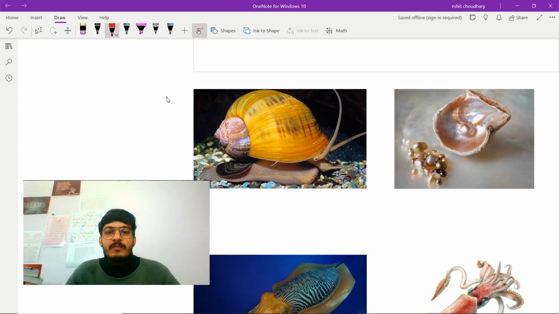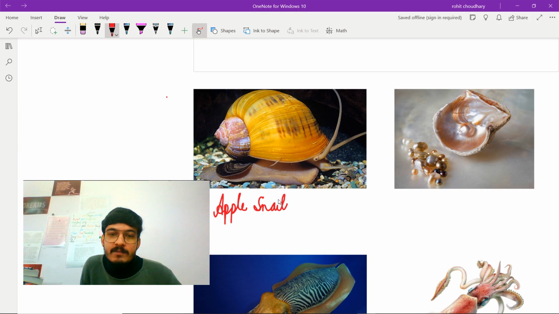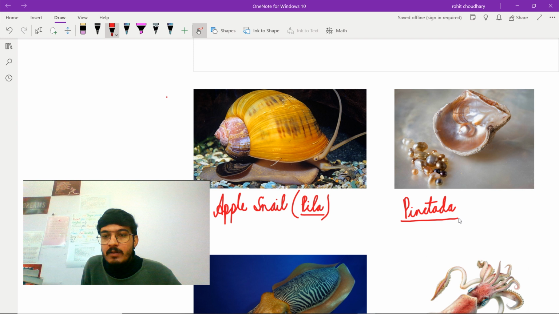Let's have a look at the pictures of the examples that we have just studied. The first picture is of apple snail, and the zoological name is Pila. The second picture is of Pinctada. We have seen how pearl formation occurs in it.